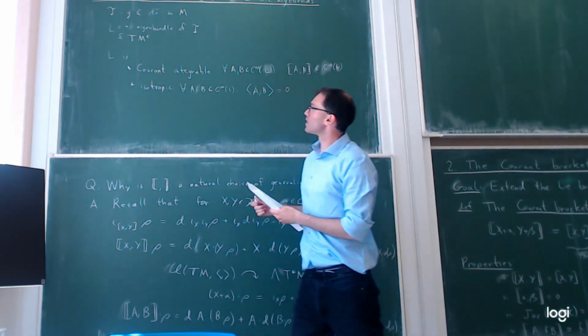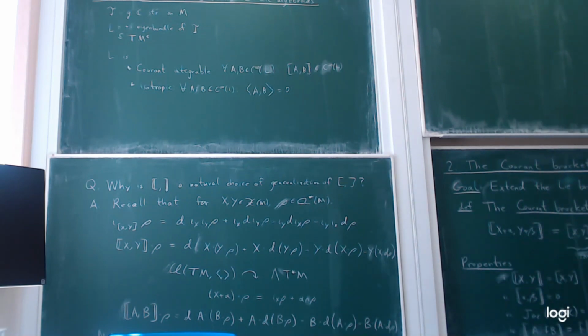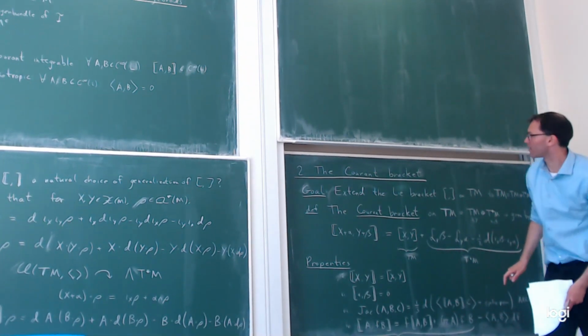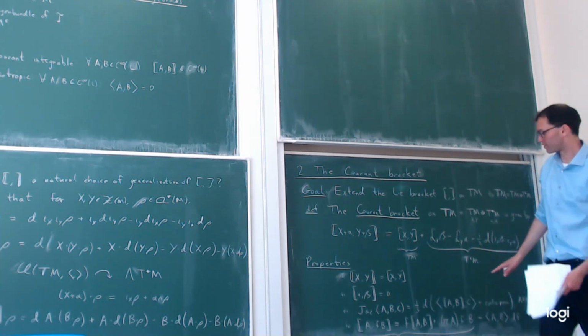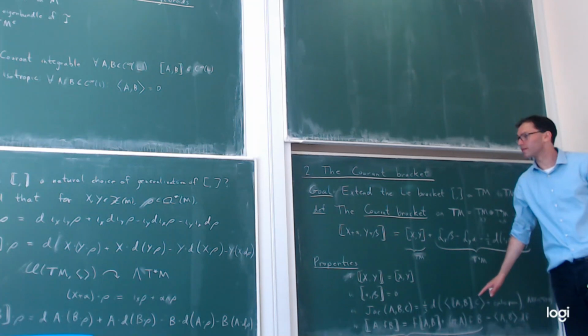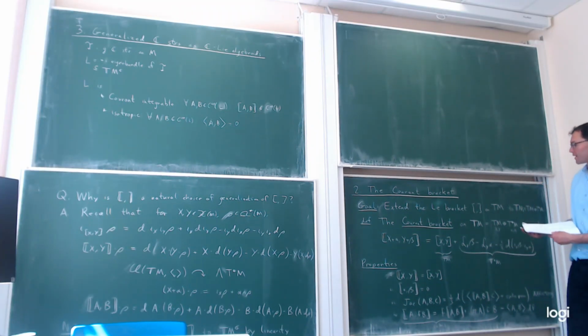And so now we'll apply these two facts to properties 3 and 4 of the Courant bracket. These two properties describe how the extended tangent bundle fails to be a Lie algebroid.